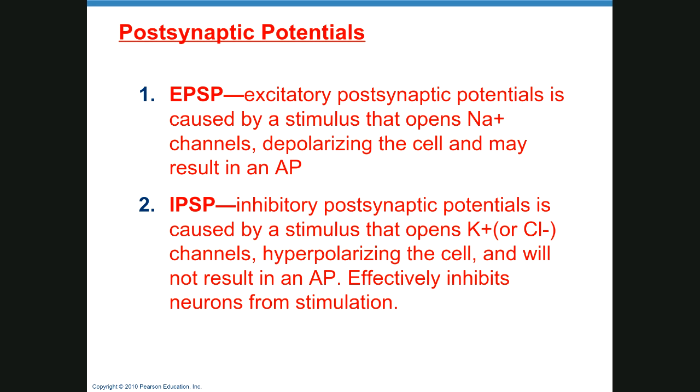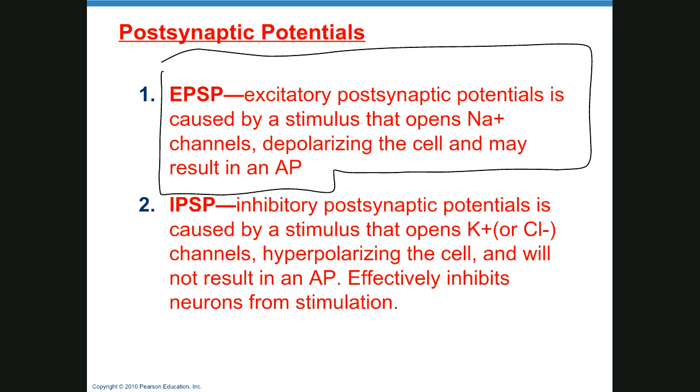All right, so EPSP is an excitatory postsynaptic potential, and this is what we talked about on PowerPoints A and B. This is when the receptor opens and sodium goes into the cell, depolarizes the cell, and may create an action potential if enough sodium ions go in.